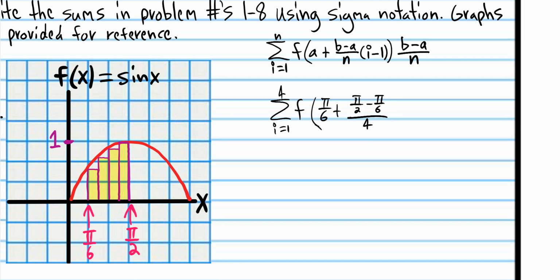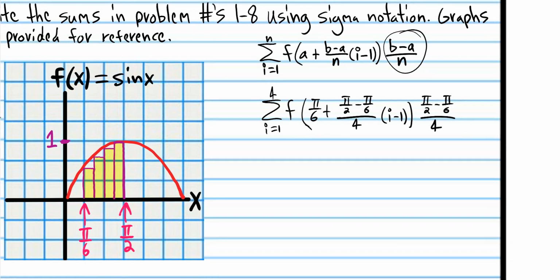And whoops, I forgot my i minus 1. And again, we have pi over 2 minus pi over 6 over 4. So this is the width of each rectangle. I know it doesn't seem like it, but that's the width. Remember, we talked about that. And this here is the height of each rectangle.